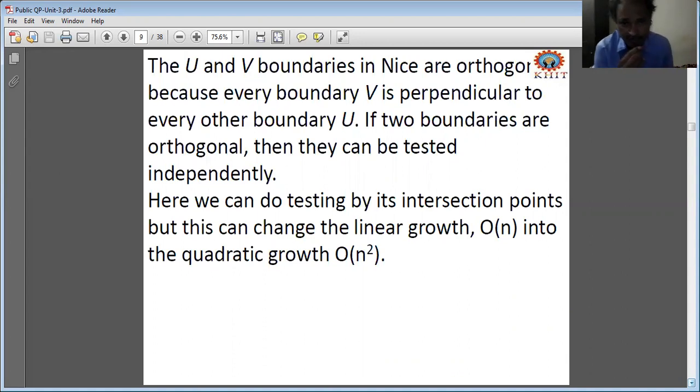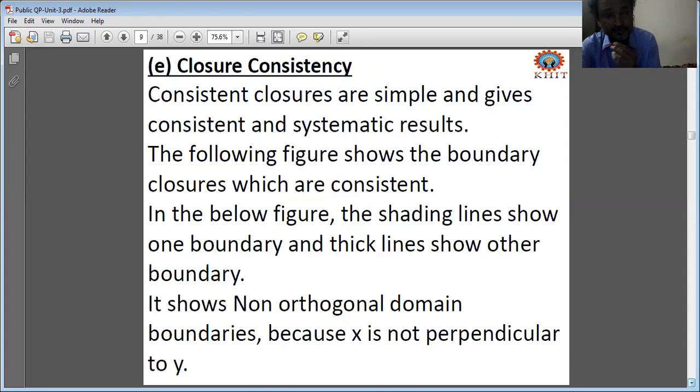Here we can do testing by its intersection points, but tilting can change the linear growth order of n into the quadratic growth order of n squared.